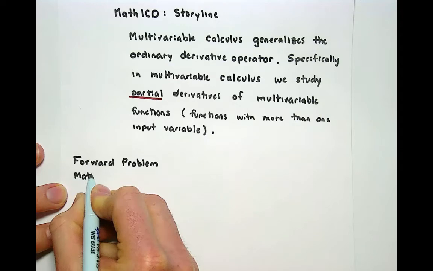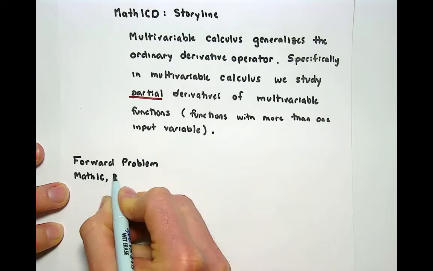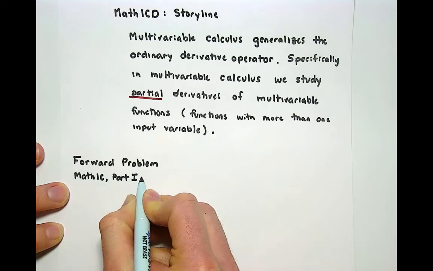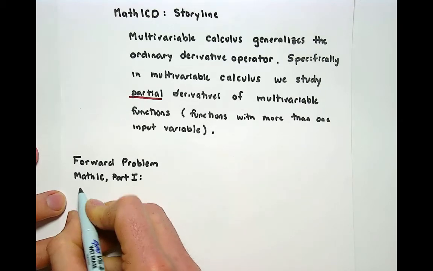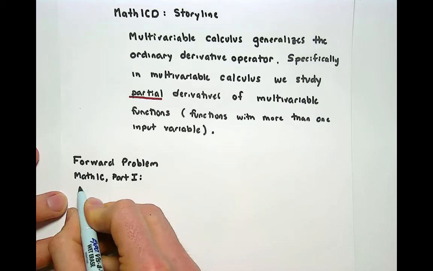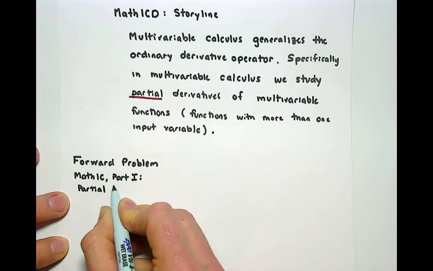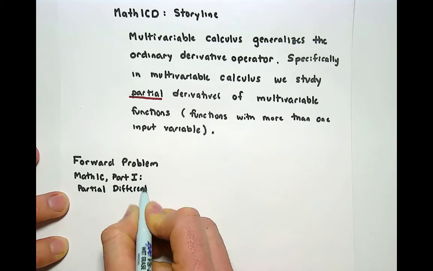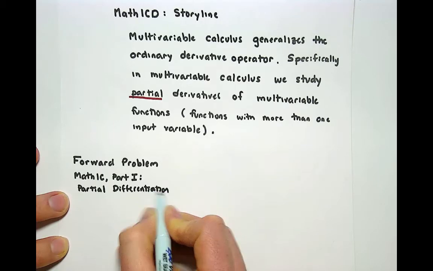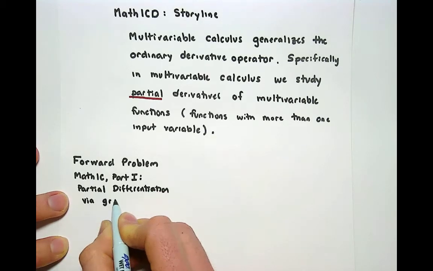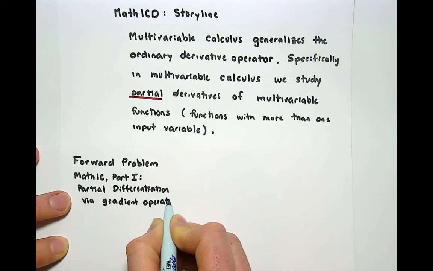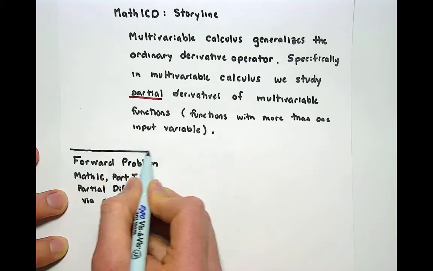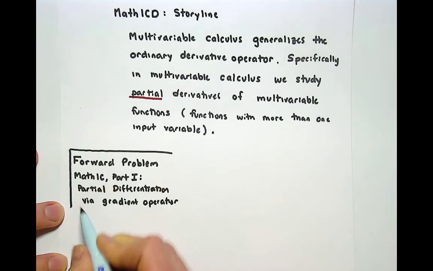And this is going to be only part of Math 1C, which I like to call part 1, which is known as partial differentiation via the gradient operator. And we'll talk a lot more about this as the quarter goes on.